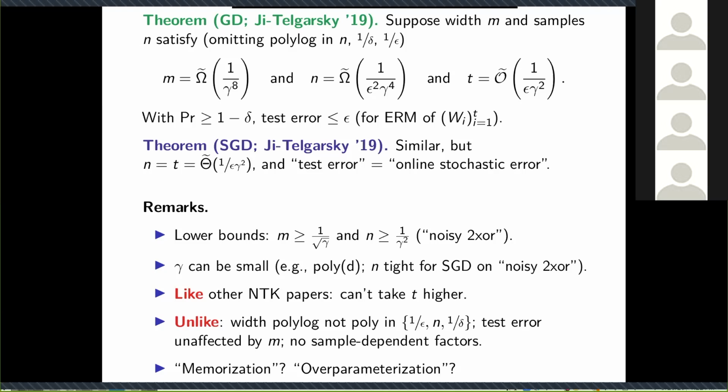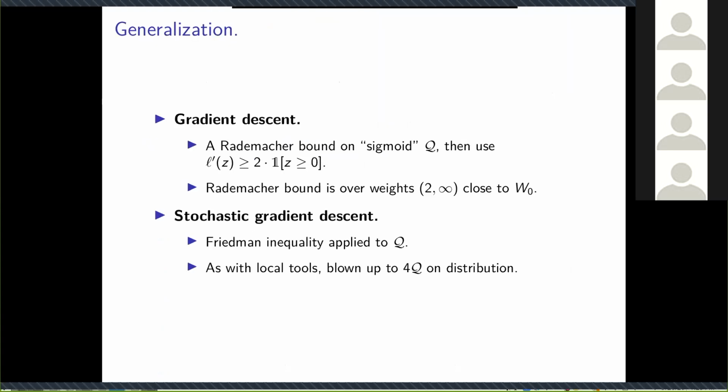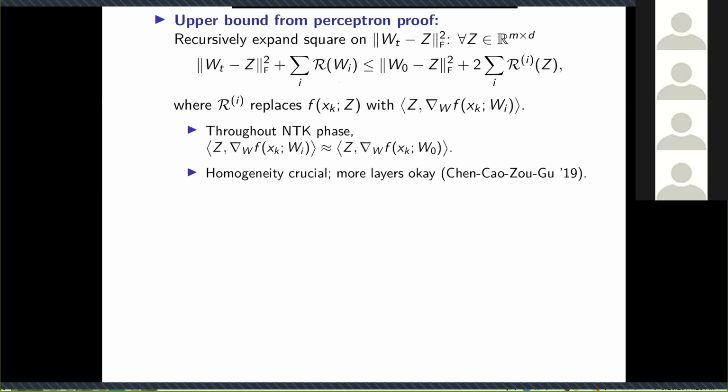What are you? Oh, so, okay, if one of the questions was, what is the geometric interpretation of what's going on here? I would say there are two places to look for geometric interpretation. One is in the Ji-Telgarsky assumption, and I find it very difficult to actually prove, if you just give me some data with some structure, what is the T and what is the gamma?